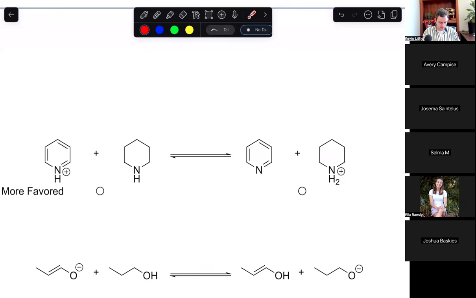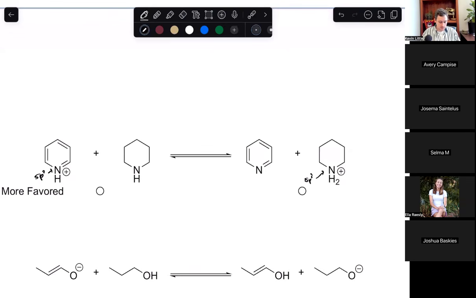There is resonance here that's not there, but there's a different thing here, the same idea, right? This is an sp2 nitrogen and that's an sp3 nitrogen, right? So we have to compare an sp2 nitrogen to an sp3 nitrogen.